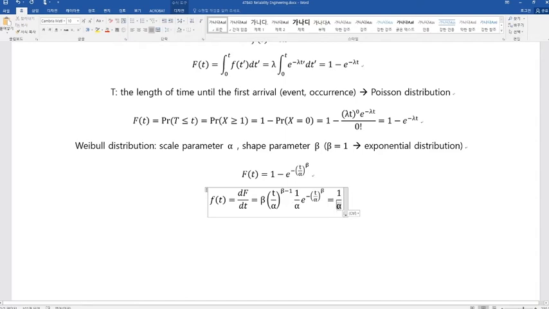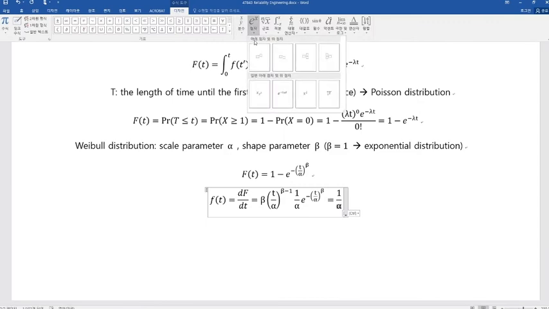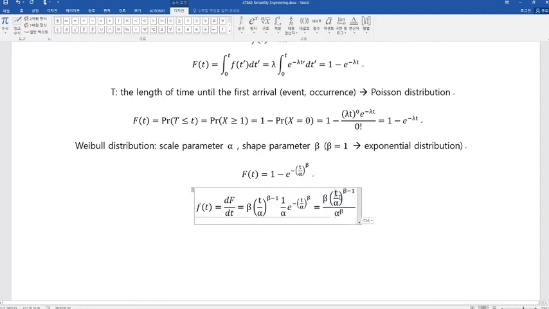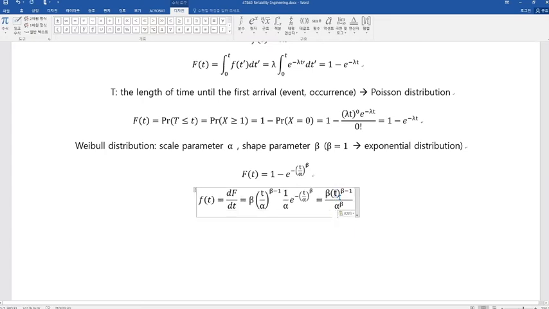So we have alpha to the power beta, and as a constant beta, and t to the power beta minus 1, and then this exponential part.